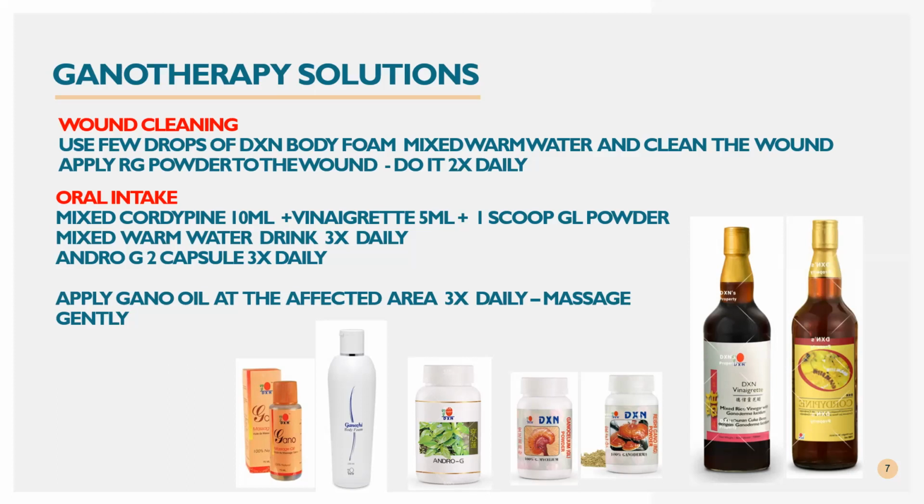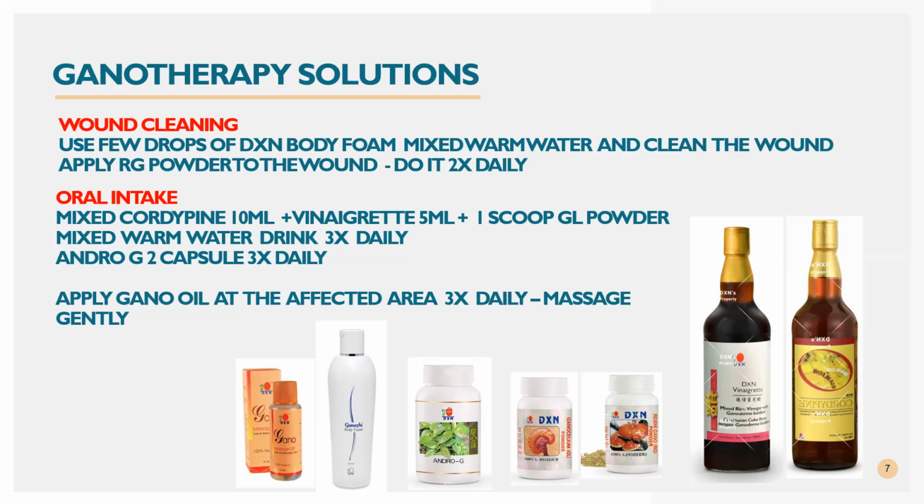Because Androgy is a natural antibiotic, a natural painkiller, and also a natural heat balancer. Sometimes when the wound is infected, they will have a fever, and to control that we give a natural antibiotic. We call it Androgy. I put 2 capsules 3 times daily.